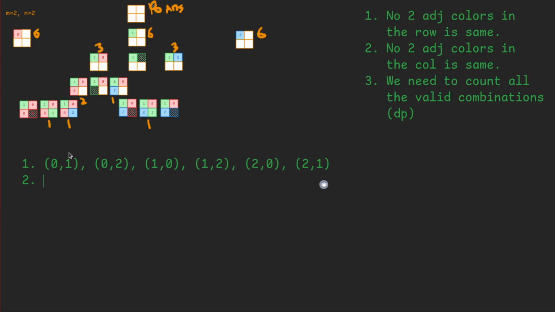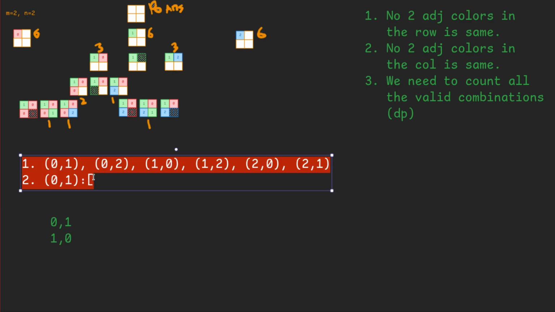For example, suppose we have 0 1 here. The adjacent column cannot be 0 2, as 0 0 is the same. 1 0, yes, it can have.